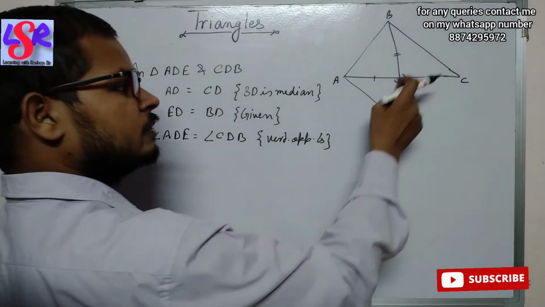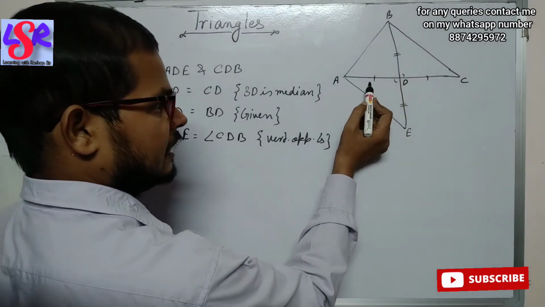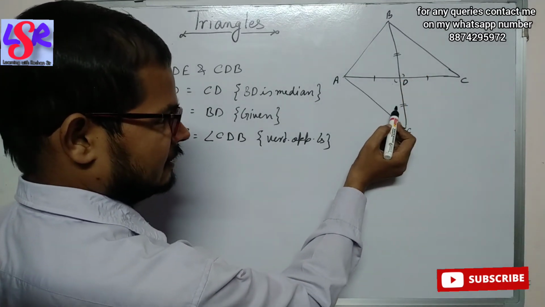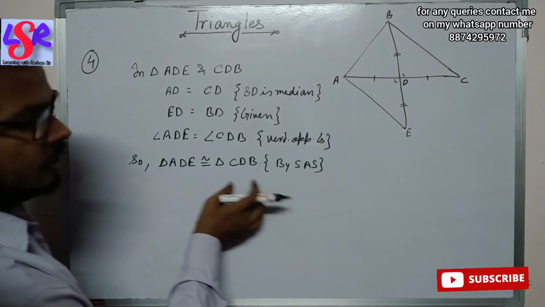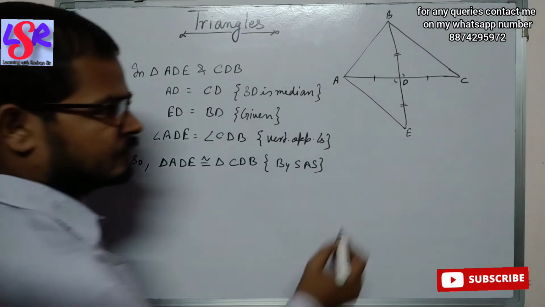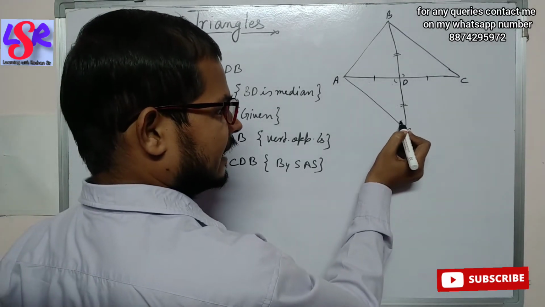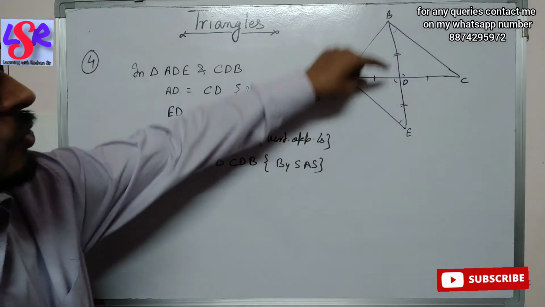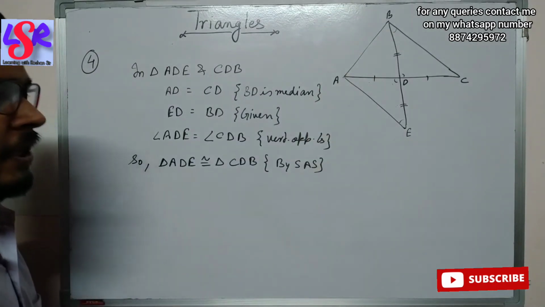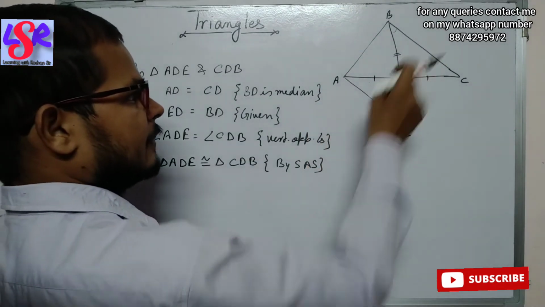Now to prove these two triangles congruent, we have used this side, this angle, and then this side. So it is SAS. Now after proving these two triangles congruent by SAS, we can prove this angle equals this one by CPCT.